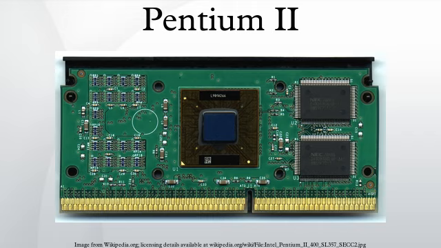Tonga. The 0.25 µm Tonga core was the first mobile Pentium II and had all of the features of the desktop models. In Intel's family stepping scheme, Tonga CPUs are Family 6, Model 5. Dixon. Later, in 1999, the 0.18 µm Dixon core with 256 KB of on-die full-speed cache was produced for the mobile market.